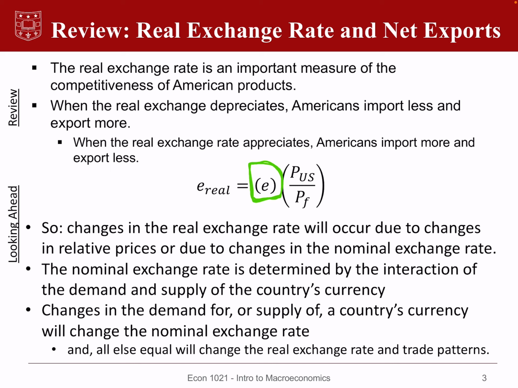Our idea here would be that as the nominal exchange rate E changes, then the real exchange rate changes, and this is going to lead to changes in net exports. And again, this could be something that can drive business cycle fluctuations, as we will likely talk about in the course of the next several weeks.